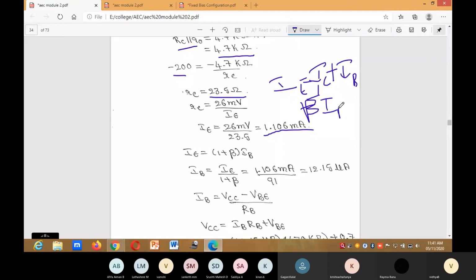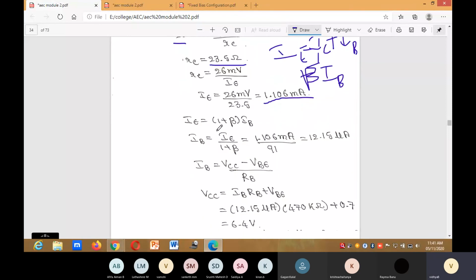So IE is equal to 1 plus beta into IB. IB is equal to IE divided by 1 plus beta. We know the value of IE and 1 plus beta. Substitute, you will get 12.15 microamps. That is the value of IB.